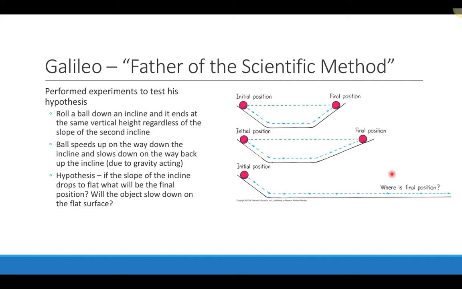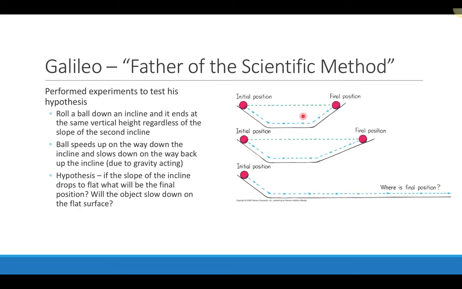One of the experiments that Galileo did to test these hypotheses was to take a ball and roll it down a ramp, and then it would go across a flat surface, and then he had another ramp on the other side. What he discovered is that if you release the ball down the ramp, it's going to go to the same height on the other side, and then of course it would start to go back down.